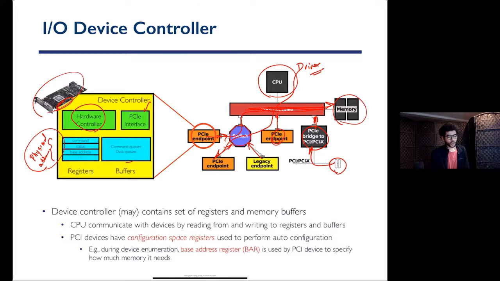And you also have some buffers. For example, you could have a data buffer, or some control buffer that you can read or write data to. These are also usually mapped to physical memory addresses.